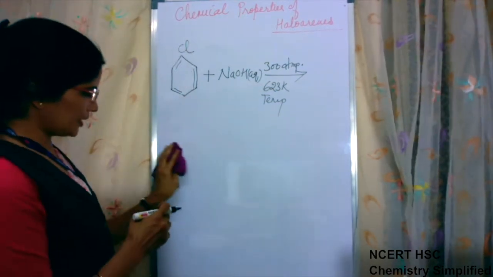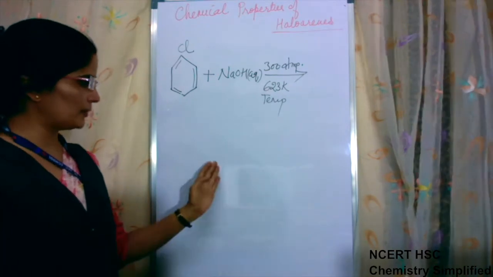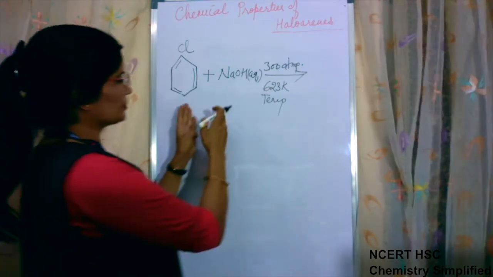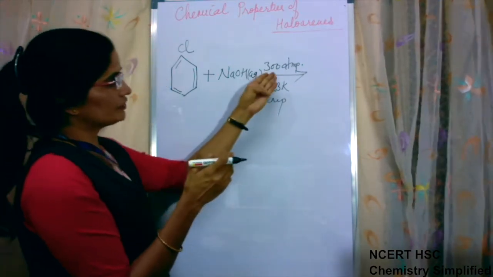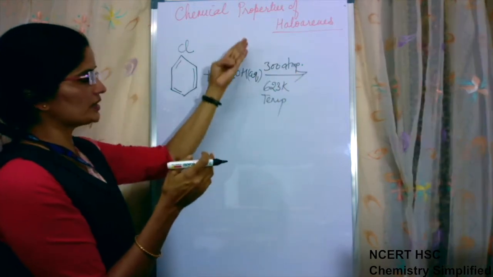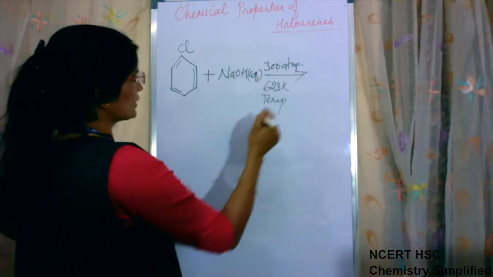In case of alkyl halides, simply by warming with KOH we were getting the product, but here not by warming, we have to increase the pressure 300 times and temperature to 623 Kelvin.